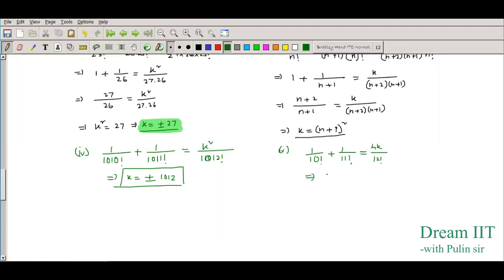What will be your answer? 4k should be equal to 12 square, that is 12 into 12. You can use this 4 to divide 12, giving 36. So k will be 36. Somebody might modify this as 4k square. In that case, it would have been plus or minus 6. Please see this.